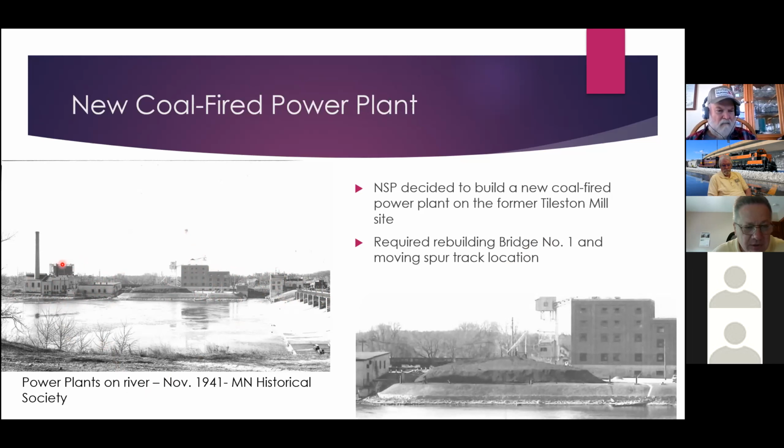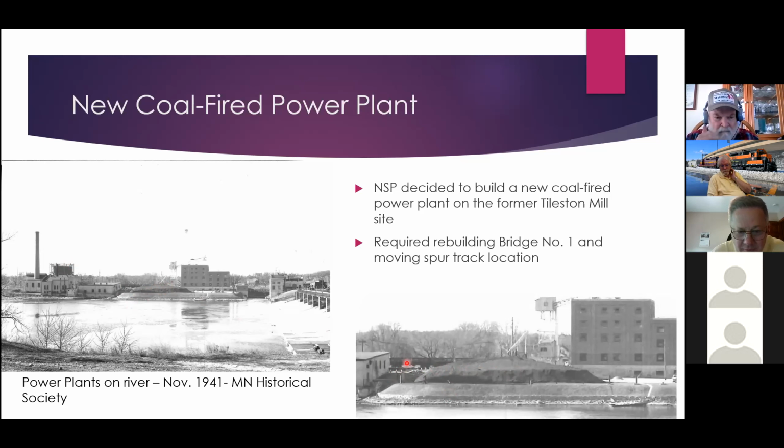Initially, NSP had a propane or gas generating plant in the city of St. Cloud. And at some point, they moved the tank down here. But when you blow up this photo, here you can see, what's bringing in the coal? It's a string of Great Northern gondolas.